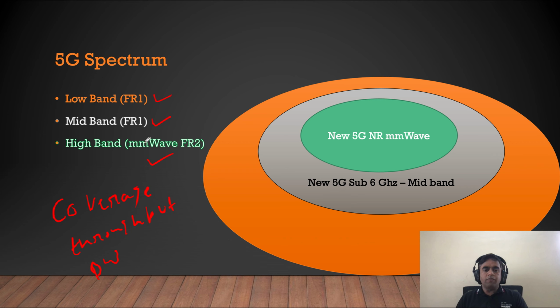So if you go with the low band, as you see in orange here, it has a wide range. This range in the spectrum can cover several kilometers, and it can even penetrate the buildings.